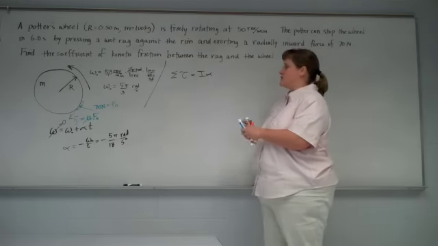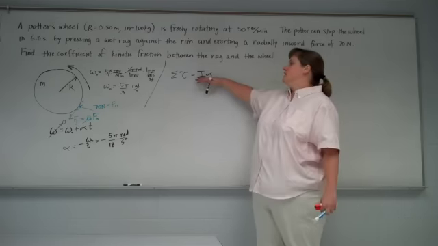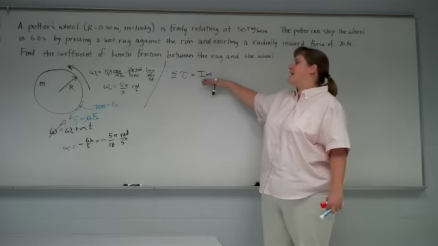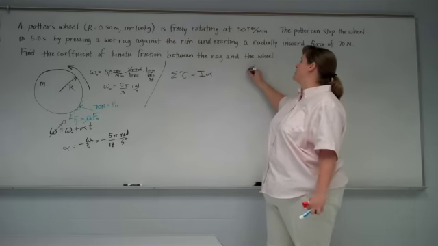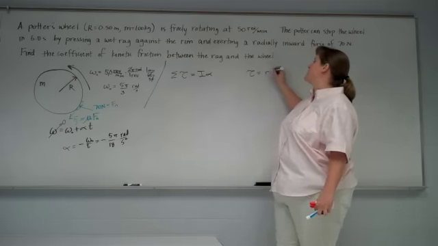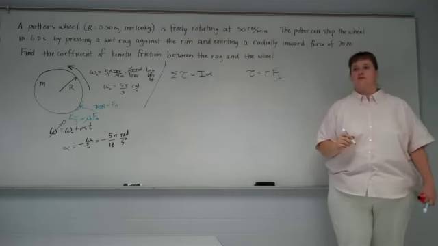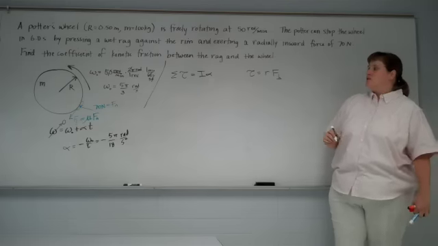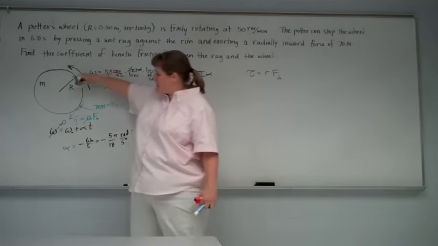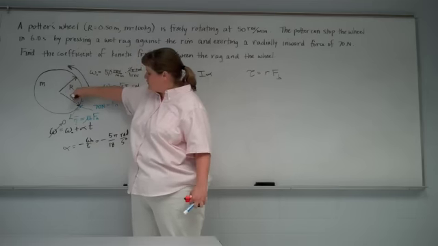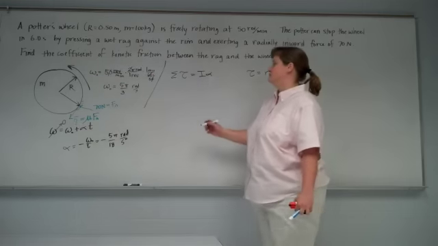Okay, so torque. We know the net torque is equal to I alpha, but in general we know torque is equal to a lever arm times the perpendicular component of the force. So if we were to draw our lever arm here, it has a length of r.